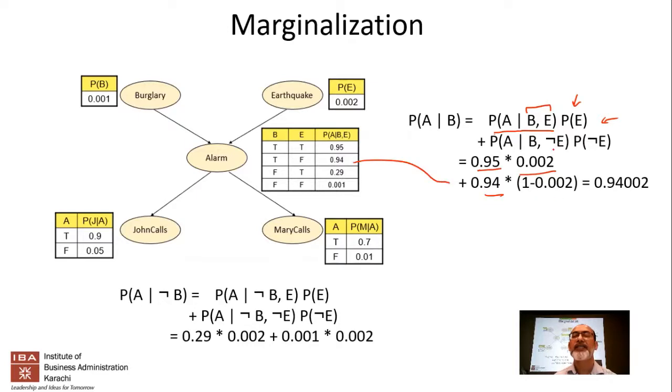Okay, and the other value of E, not E. So we multiply that with probability of E bar, and that becomes 1 minus 0.002.